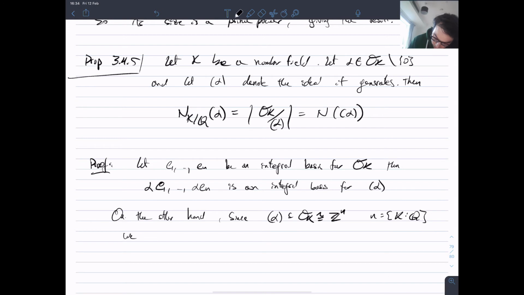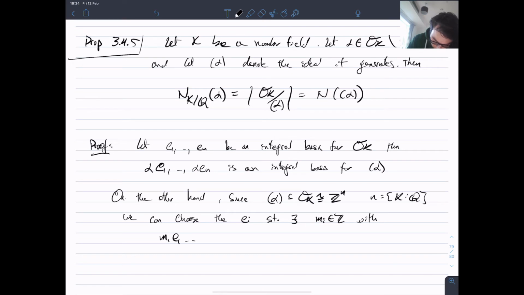So we can choose the e_i such that there exist some m_i in Z with m_1 e_1, ..., m_n e_n an integral basis for this ideal.